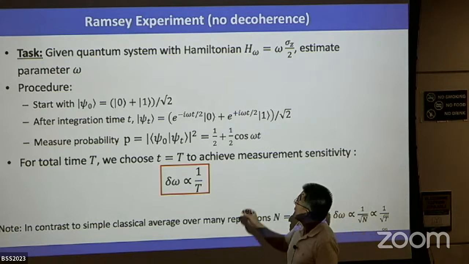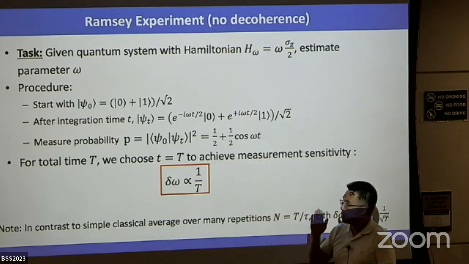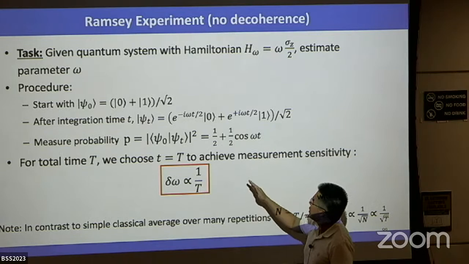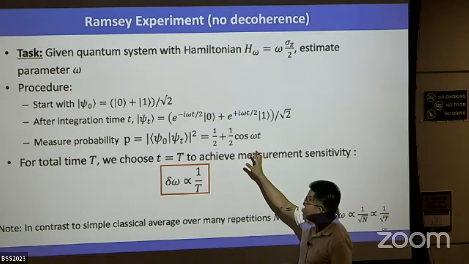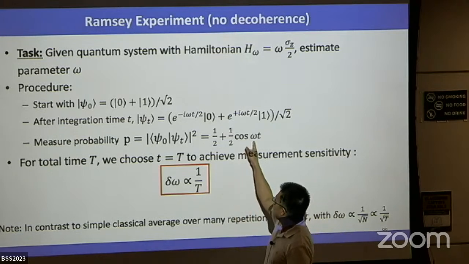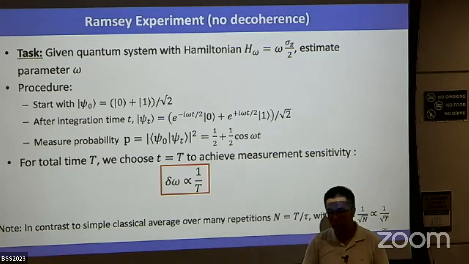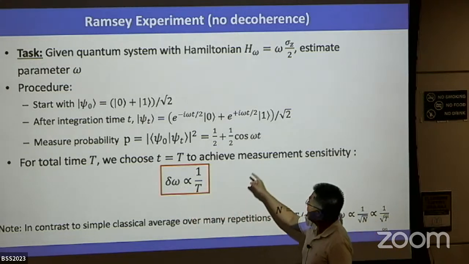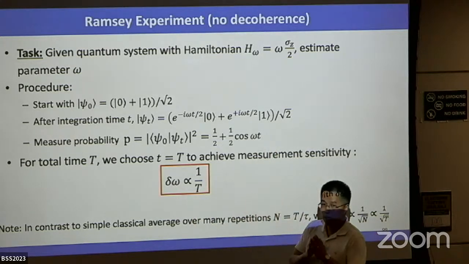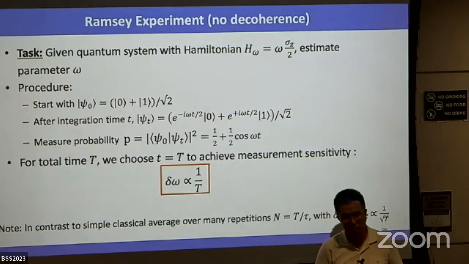Now if you have a rough estimate of what omega is, but you want to know precisely, you could wait for some time and measure this probability distribution, from which you can infer the value of omega in that neighborhood. The precision you can get for delta omega scales inversely with the interrogation time that you apply to the system.